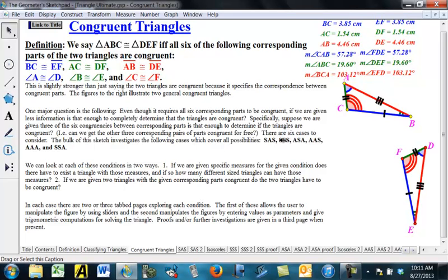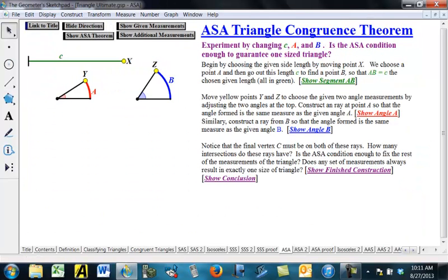In the last section we talked about side angle side and side side side. In this section we're going to investigate angle side angle, angle angle side, angle angle angle, and side side angle. This particular one is going to be working on angle side angle, and there'll be two or three little short videos here on each one of these.